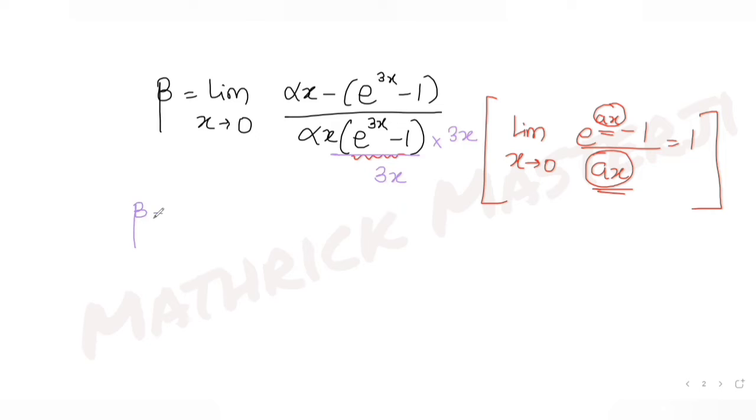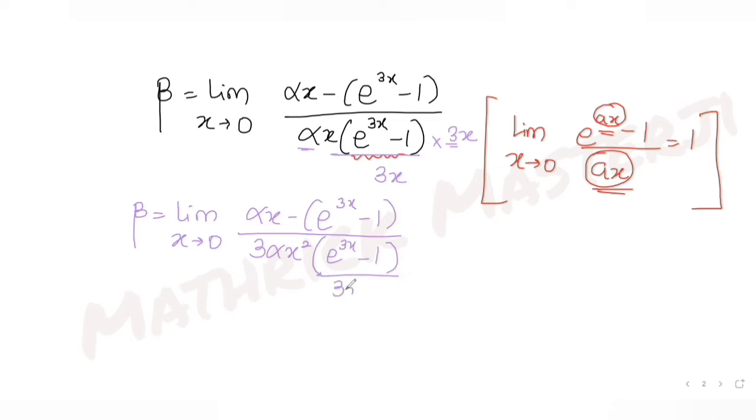That basically makes the value of beta the limit as x tends to 0 of alpha x minus e raised to 3x minus 1, divided by, this becomes 3 alpha, and x into x becomes x square, so 3 alpha x square into (e raised to 3x minus 1) divided by 3x.